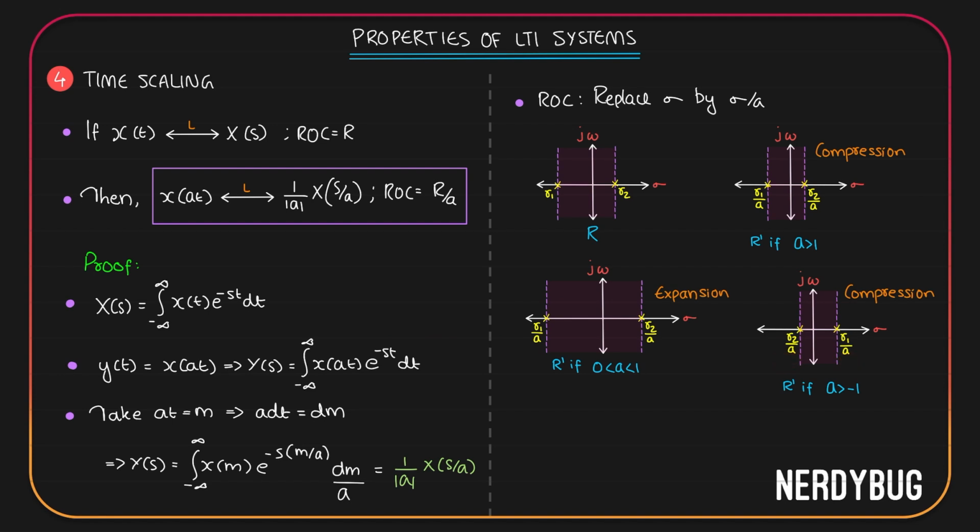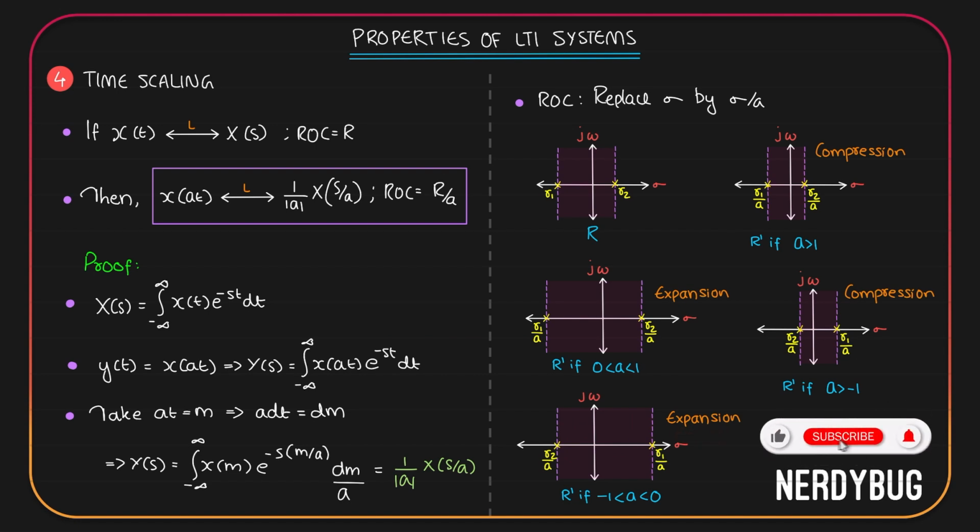In the next case, let us take a between minus 1 and 0. That is, it is negative, but its magnitude is between 0 and 1. In that case, the ROC will look like this. Because of its magnitude being between 0 and 1, there is expansion instead of compression. And since it is negative, there is a reversal also. It is from R2 by a to R1 by a now.